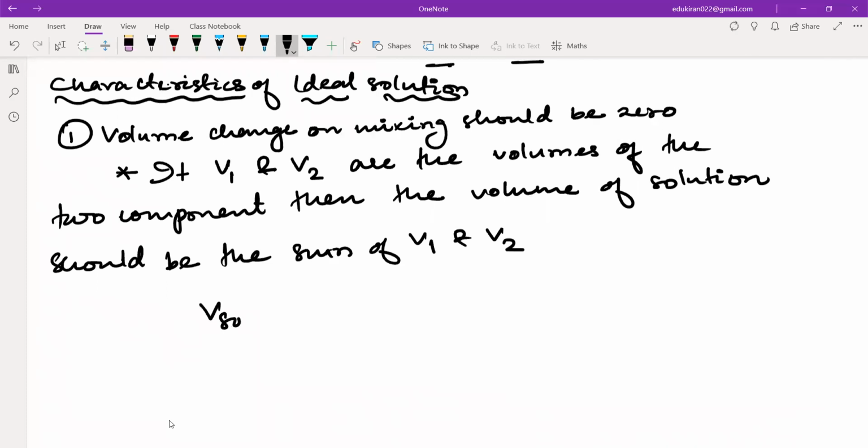So the volume of solution should be equal to V1 plus V2.